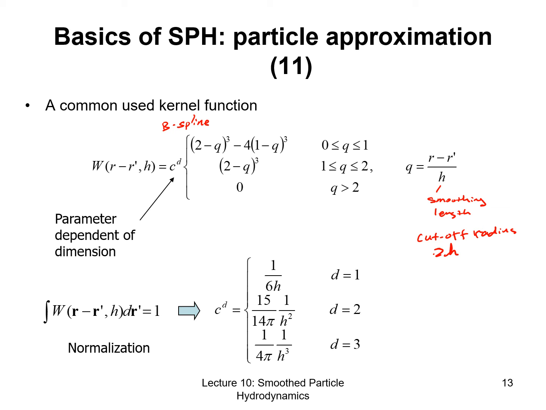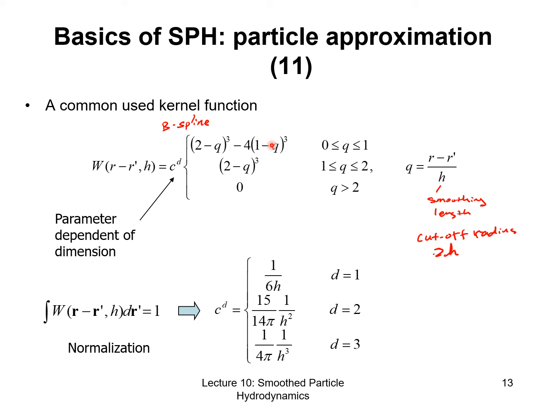Because when you normalize the distance with the smoothing length, when the normalized distance is larger than 2, the value goes to 0. That means the cutoff radius is 2 times h.